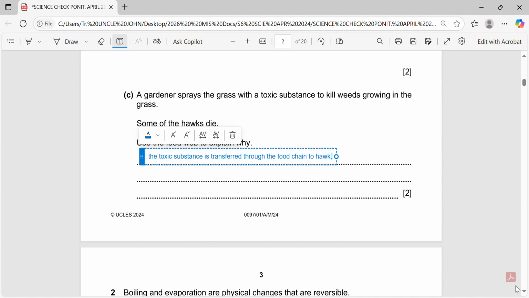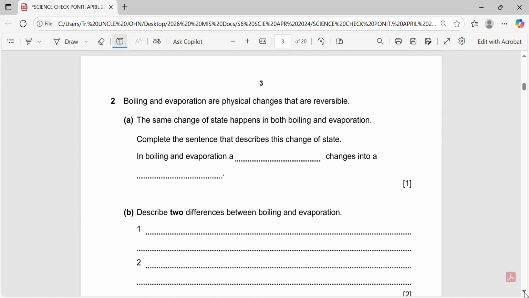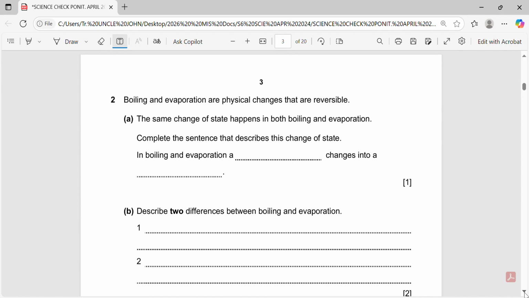Then question number 2. Can we read it together? Boiling and evaporation are physical changes that are reversible. The same change of state happens in both boiling and evaporation. Complete the sentence that describes this change of state in boiling and evaporation. A dash changes into a dash.